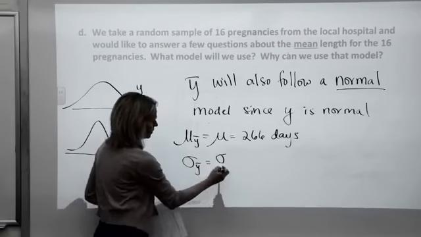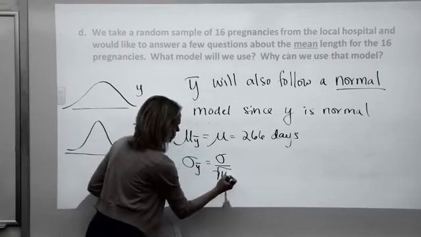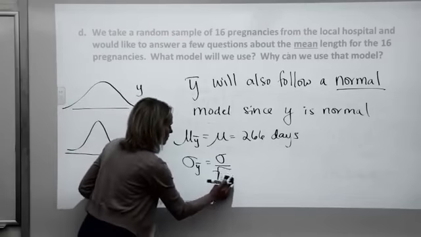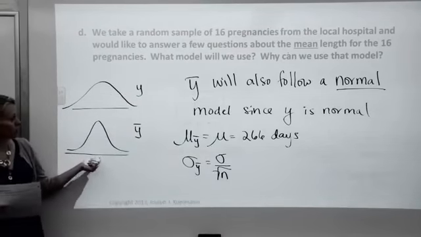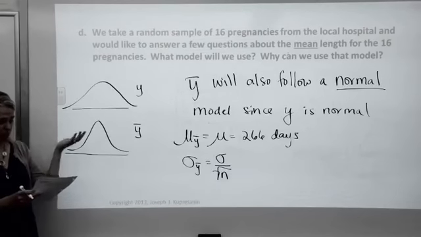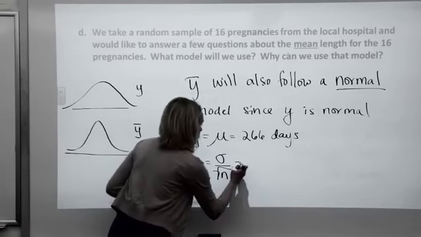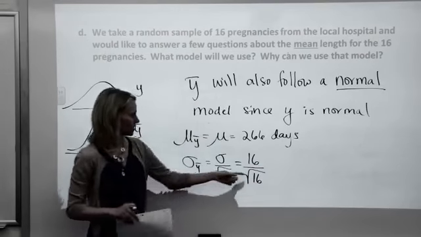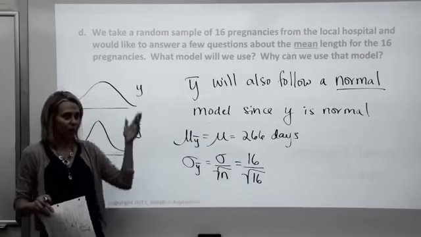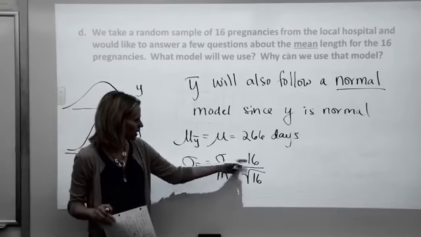So we'll take that standard deviation from our original model there and divide by the square root of our sample size. Our sample size in this case is 16. So the standard deviation was 16. Our sample size was 16. Those aren't always the same numbers, just happen to be in this case. But this was the standard deviation.